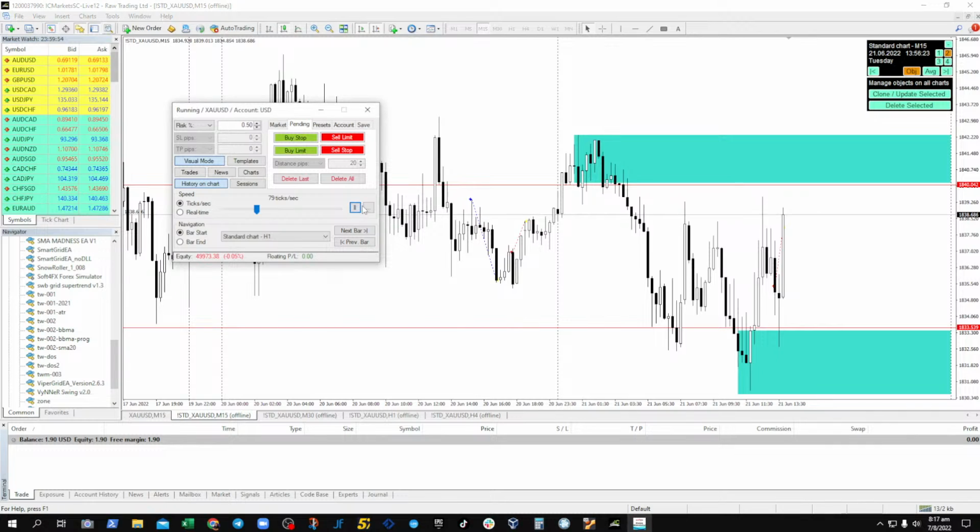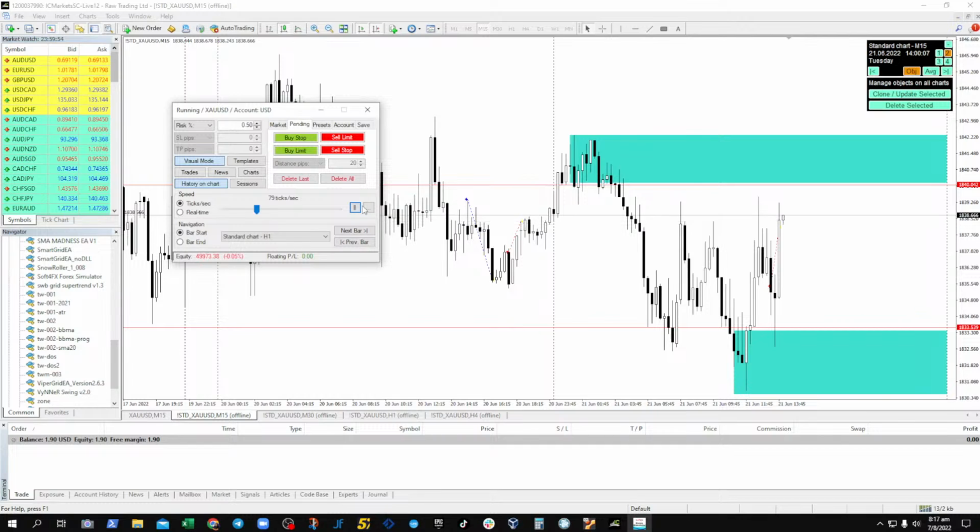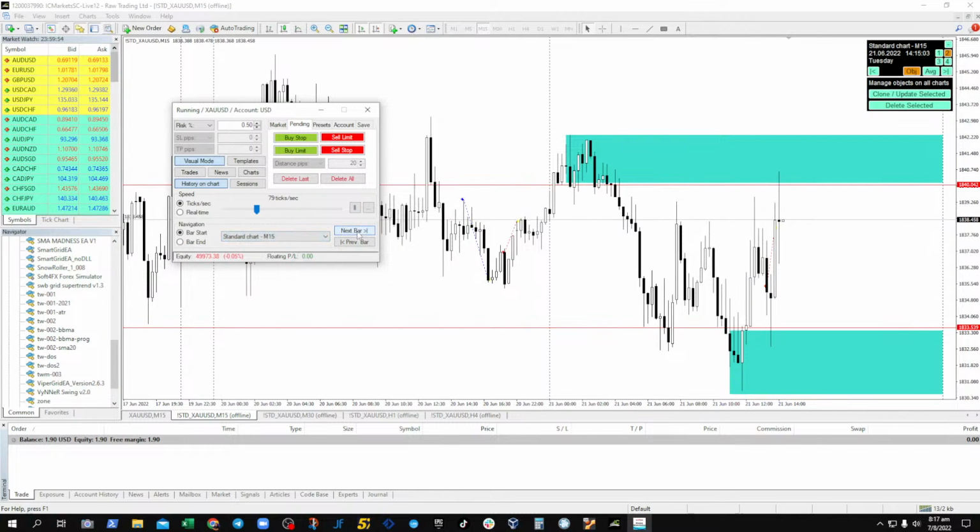Oh, let's see where it goes. So as you can see here, this trade would hit TP. So now we are at the sell zone.